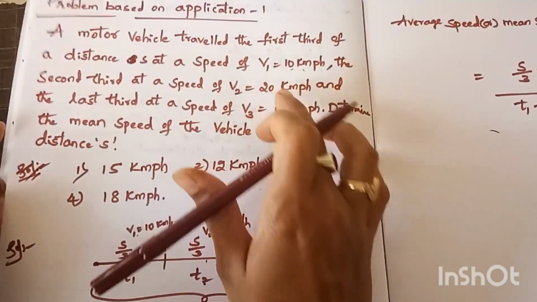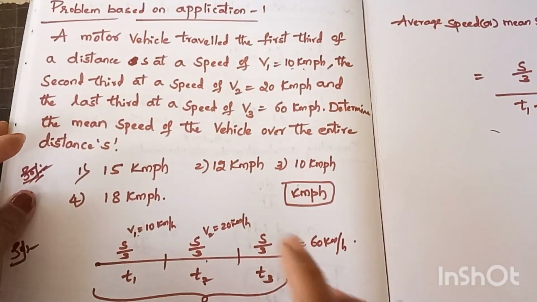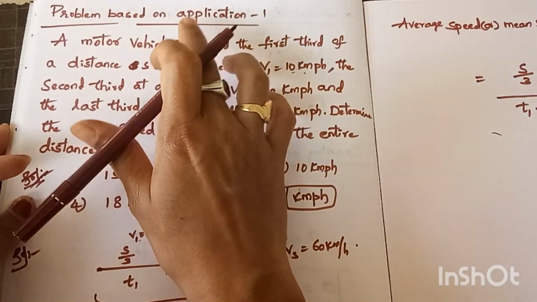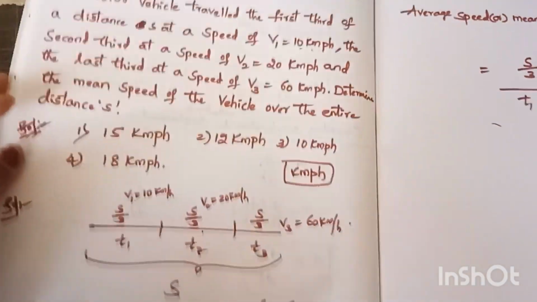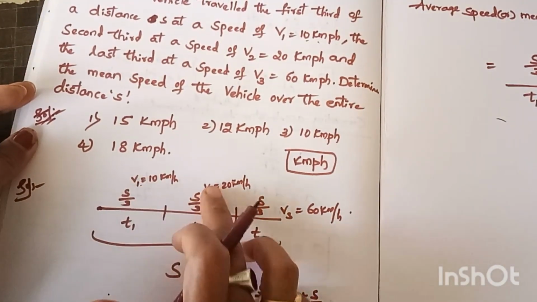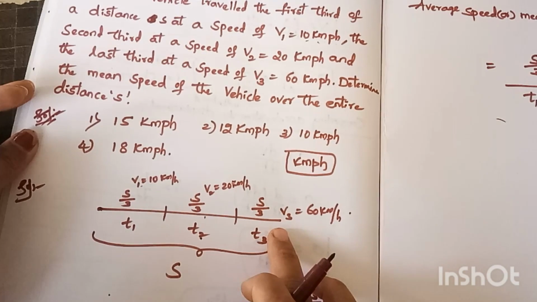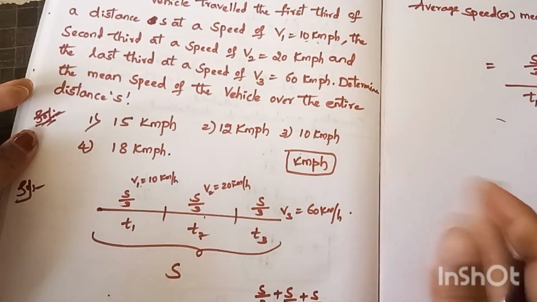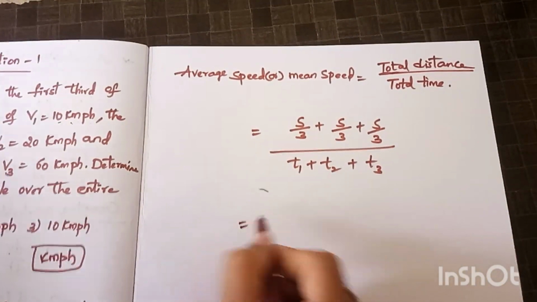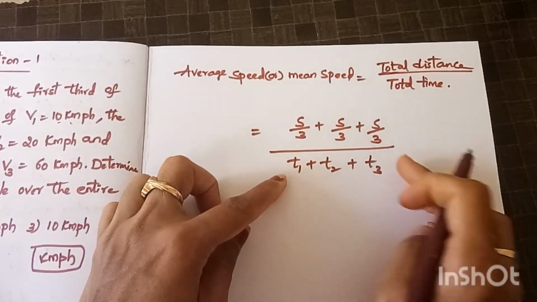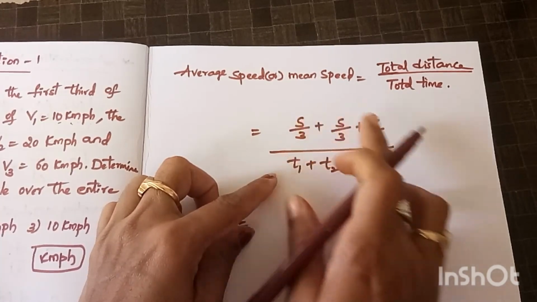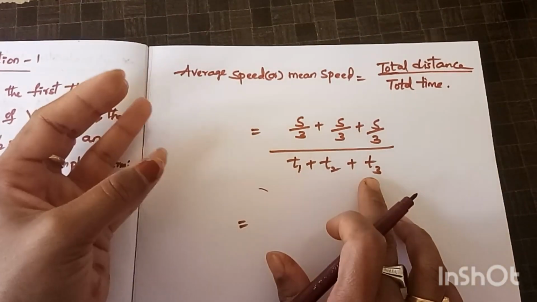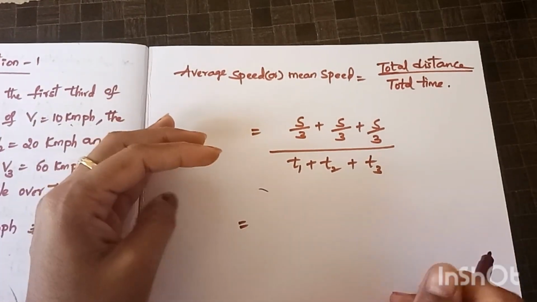And why am I taking the distance as s by 3, s by 3, s by 3? He said the total distance is s, so s is divided into 3 parts. Suppose the distance were divided into 2 parts, it would be s by 2, s by 2. We don't know the values of s, t1, t2 and t3, so you should convert into v1, v2 and v3 to get the answer.